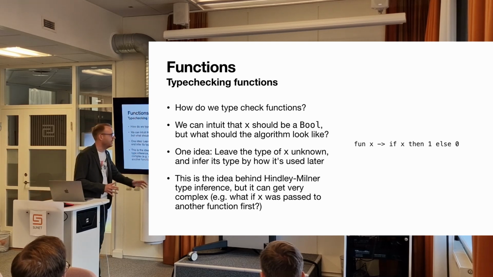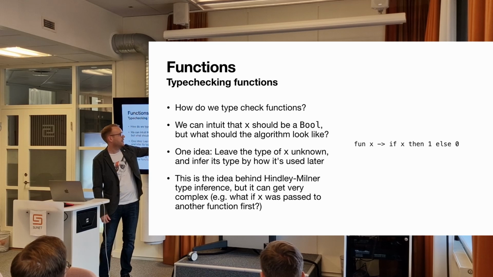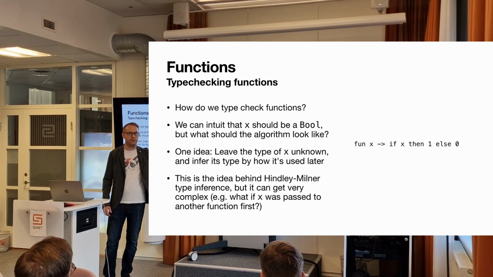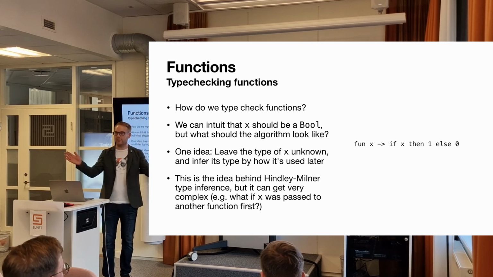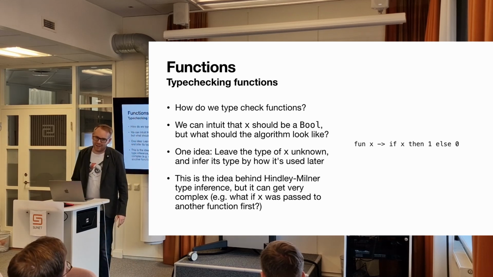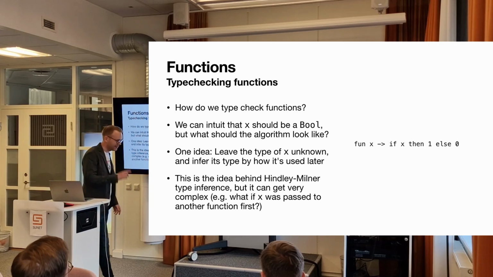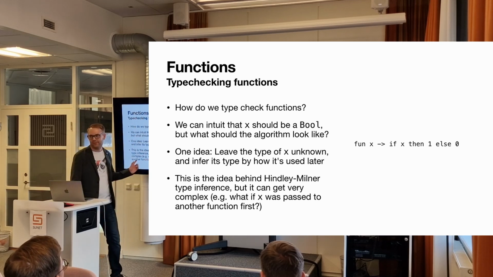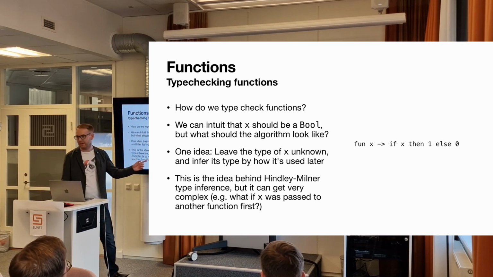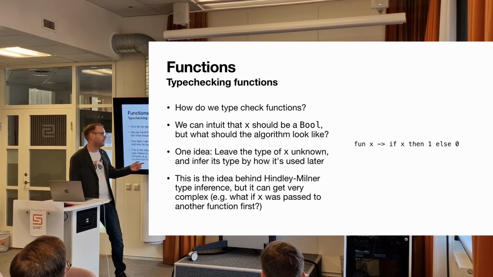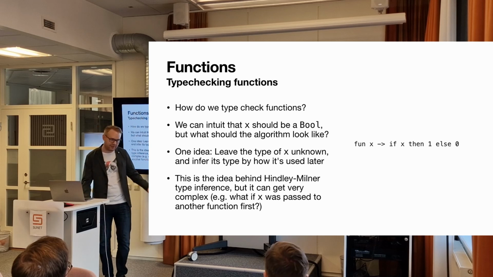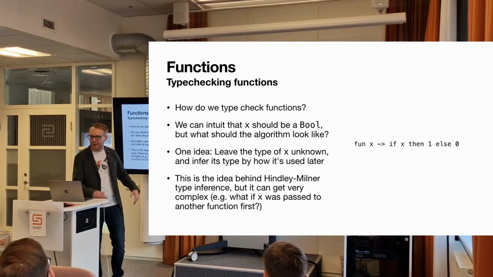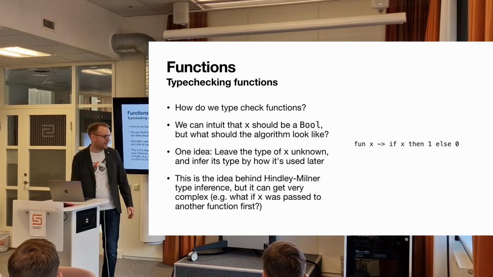But if you want to translate this to a mechanical algorithm, suddenly it's not so simple. You need some way to understand that this is supposed to be a bool without looking ahead. One way to solve this is to simply say, well, let's look ahead. Let's try to be a bit clever. That's the basis of Hindley-Milner type inference. Basically, it says that we don't know what x is yet, but that's fine, we'll figure it out as we go along.